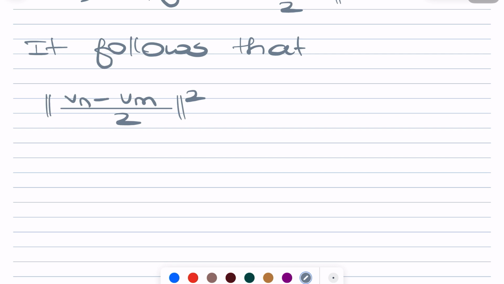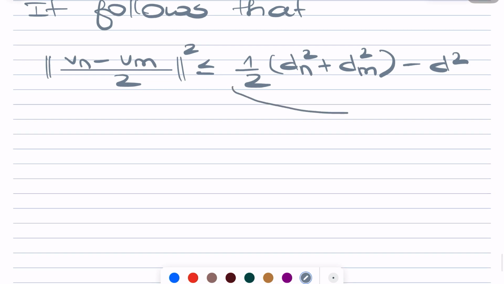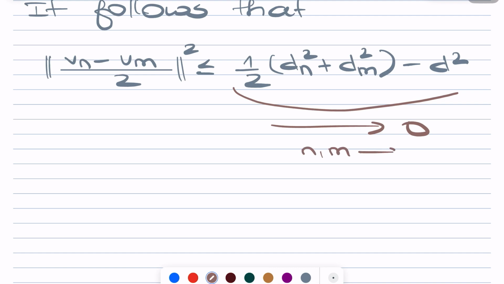You get that this squared is less or equal than 1 over 2 times d_n squared plus d_m squared, minus d squared. I'll keep the square to avoid working with square roots. This quantity actually goes to 0 as n and m go to plus infinity.